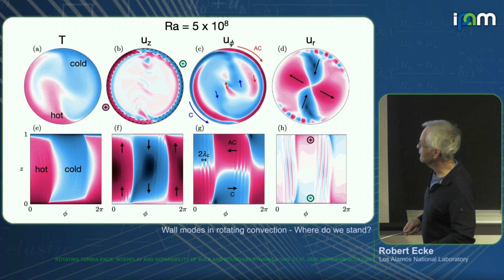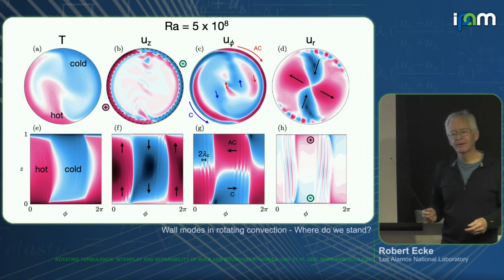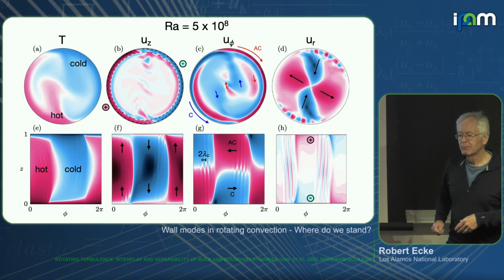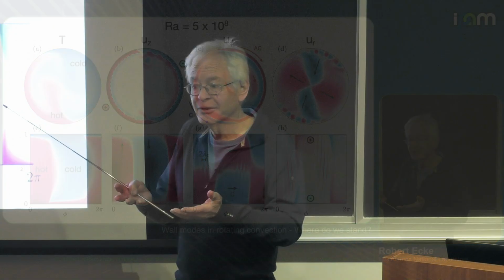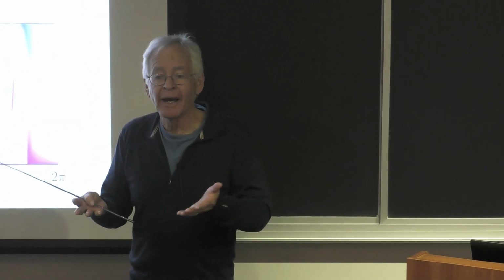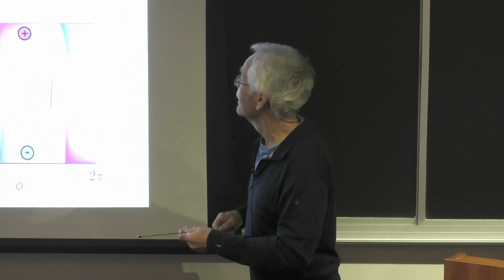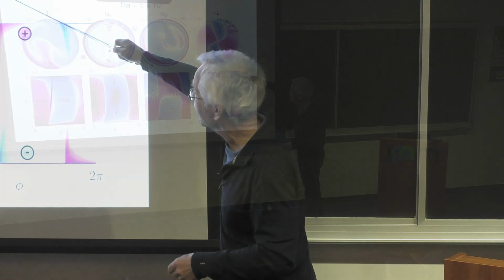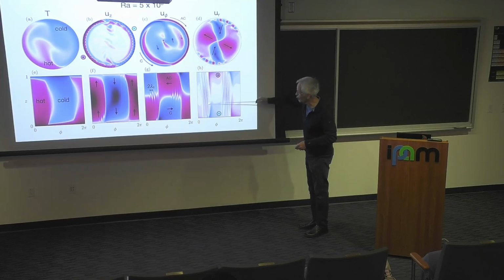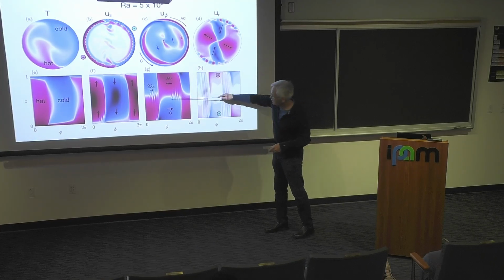The other thing that you see is that the wall modes are affected by the bulk state in some way. Because again, you've got finite amplitude at the walls. Do those act as nucleation centers for the bulk instability near the wall? And what you see is these oscillations that come and go. Here you go.